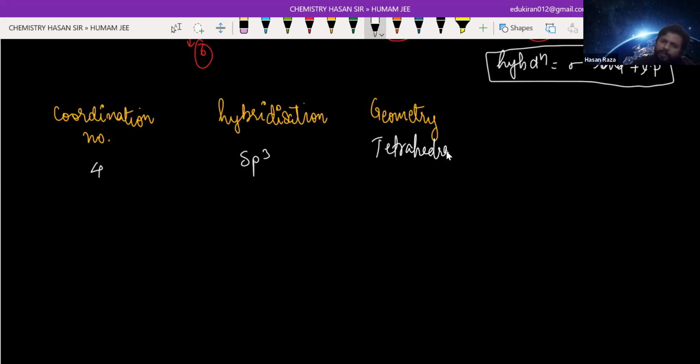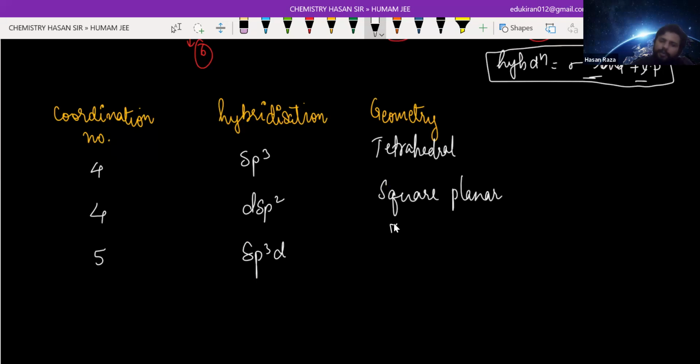You have studied about this. If coordination number is 4, then the hybridization can also be dsp2 and the geometry is square planar. And if it is 5, then it is sp3d and the geometry will be TBP, that is trigonal bipyramidal.